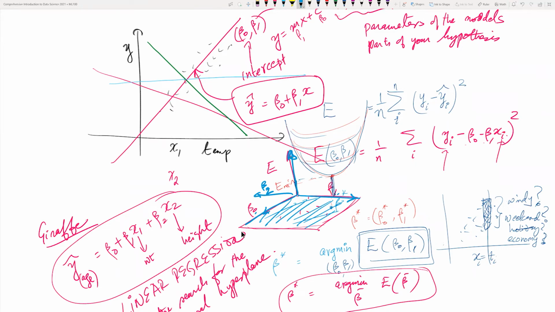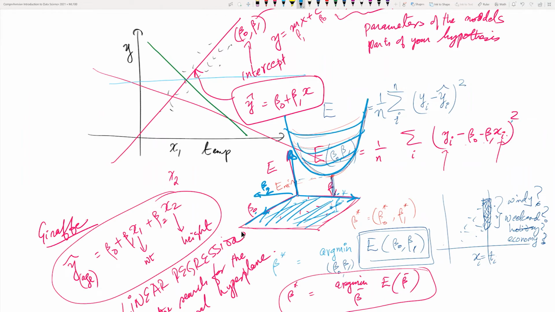Right. Now, that I can imagine. What I'm having trouble imagining is the parabola, the bowl up above that plane. How will that look? It won't look the same, right? Yeah, it will look the same. Why?